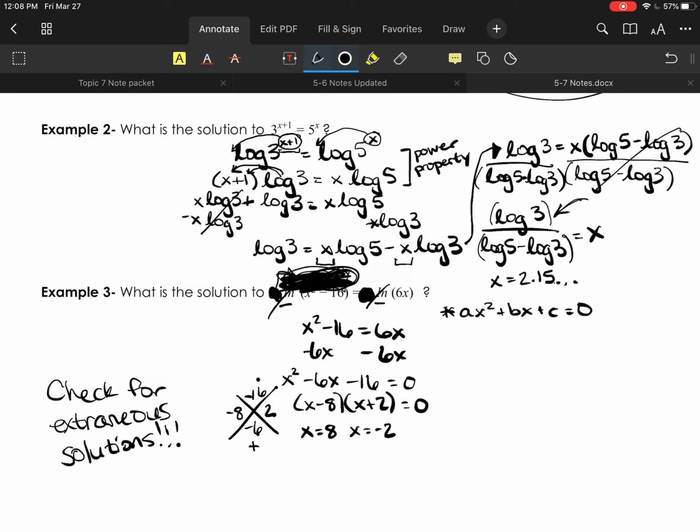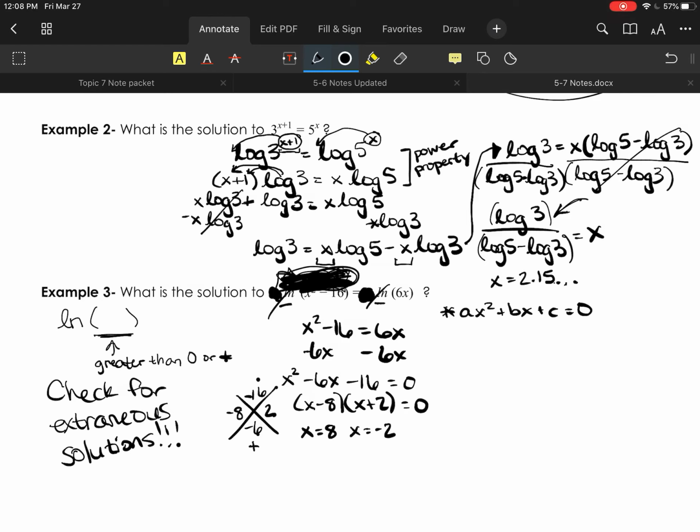What that means is when you have ln and then there's some number in there, this number has to be greater than 0, or positive if you want to think of it that way. The easiest way to know which one's extraneous is it's probably going to be the negative one, not always, but usually.